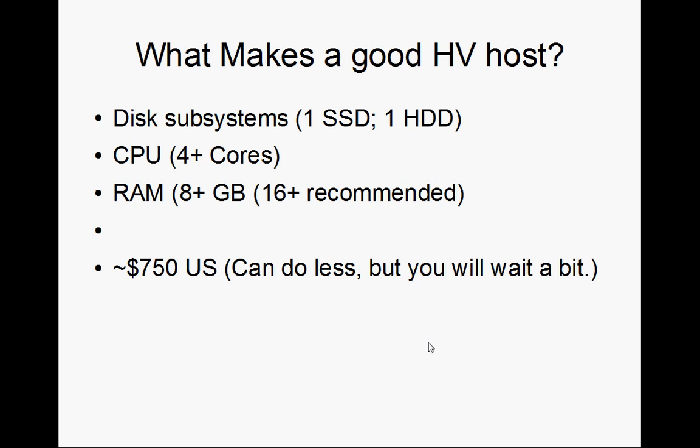I have about probably $700 now, but some of the materials have gone down in price, so you can probably do it for less. Where I have a 6-core AMD processor with 16 gig of memory, one solid state drive, about 200 gig, and 1 terabyte hard drive.